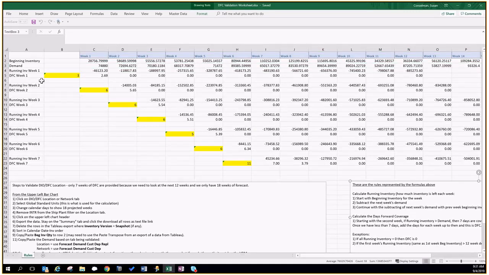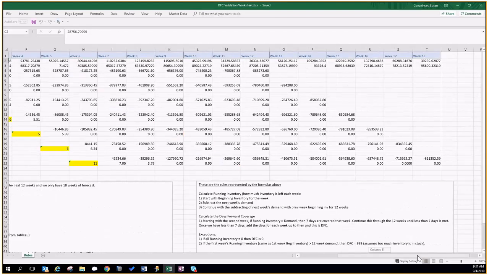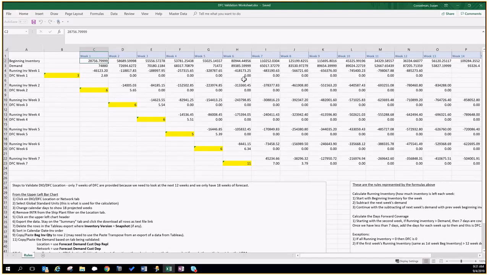So again, you're not doing this calculation. Lalitha's DFC VDM is doing it, but just to show you what we're doing, we have the beginning inventory going across to 18 weeks. We go all the way to week 18, and then we copy the demand all the way across, and then it's sort of a running inventory.